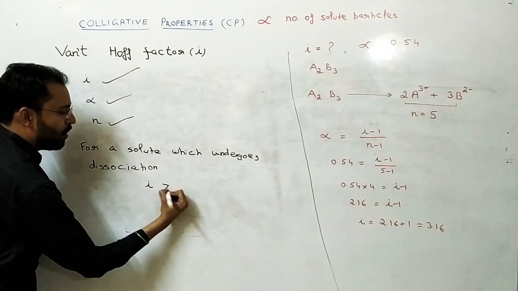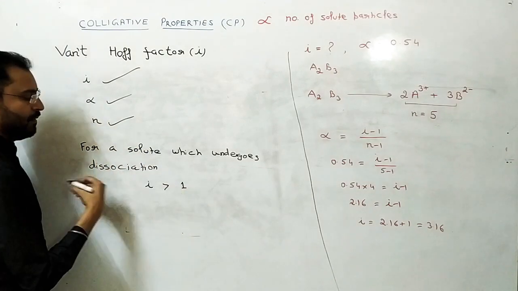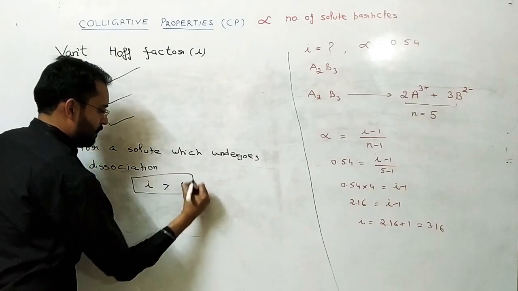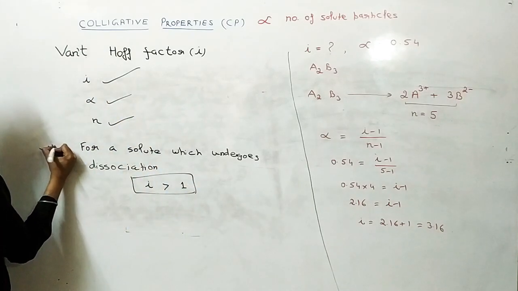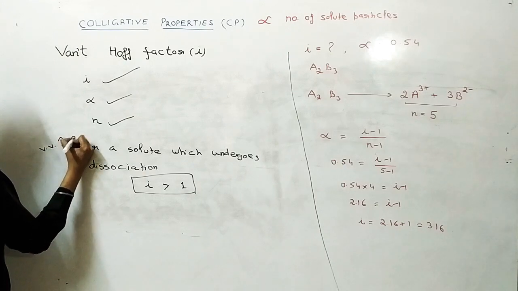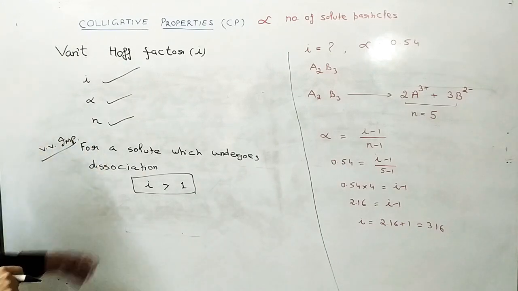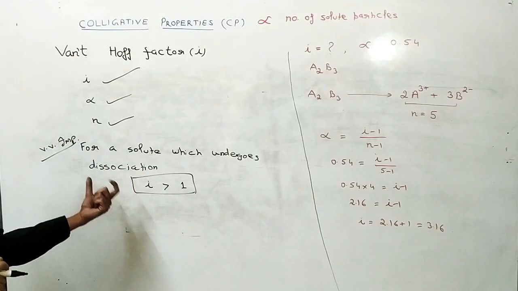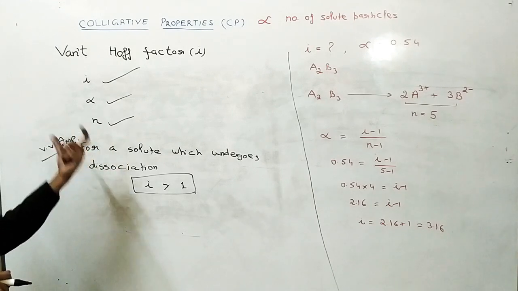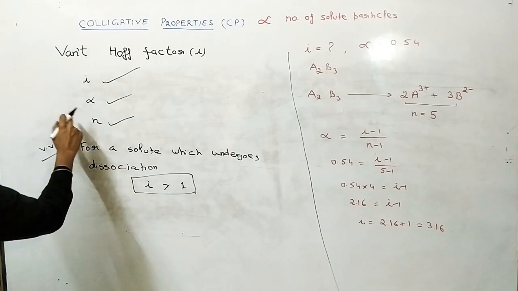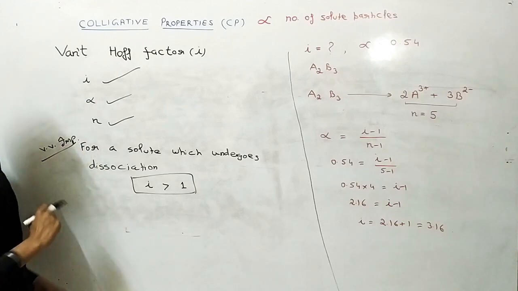Students, i will always be greater than 1. Very important. i will be greater than 1 for a solute which undergoes dissociation in solution. Okay.